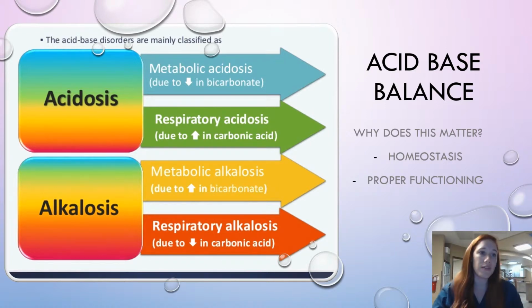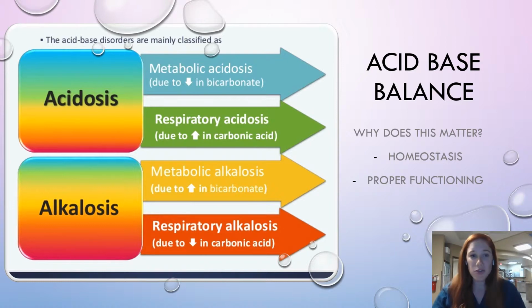So of all our organ systems, the biggest one that's going to help with homeostasis is our renal system, okay? The renal tubules and all their functions that they need for hydration, electrolyte, and acid-base balance, that's going to be that big organ that helps with all of that.